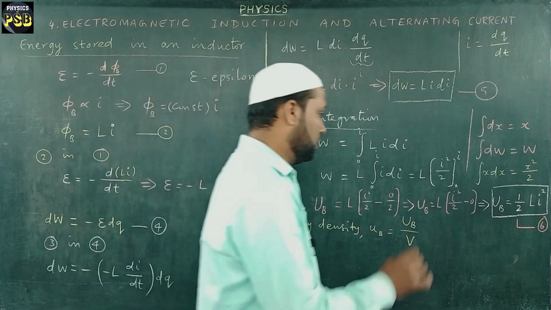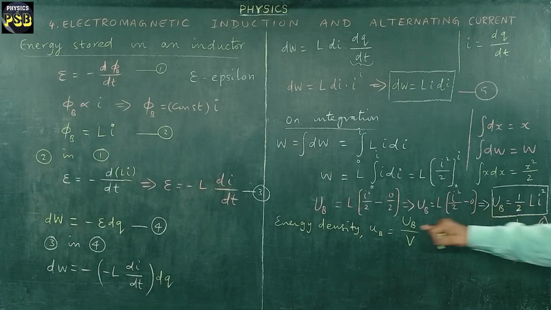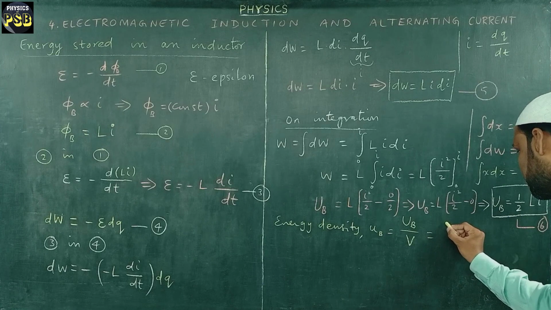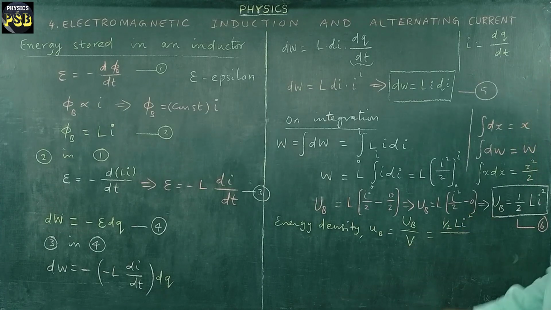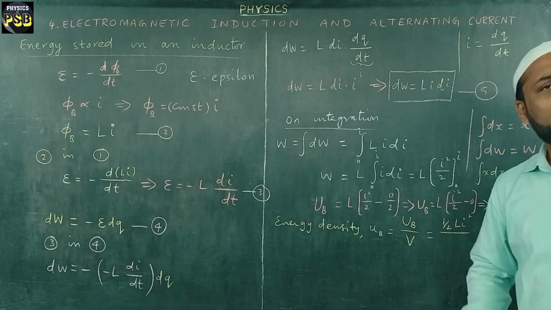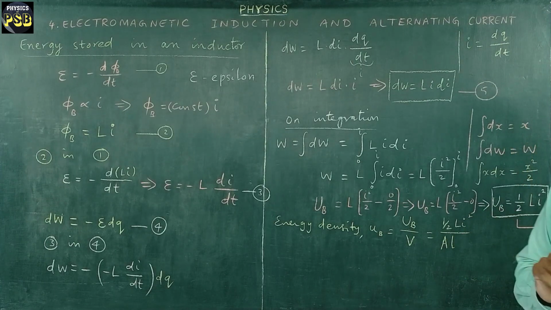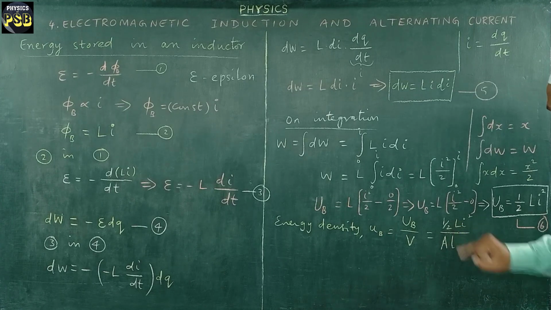Now I am going to substitute the value of U B in this expression. It was half L I square divided by volume. Volume is the product of area and the length. Then I am going to substitute the value of L here.